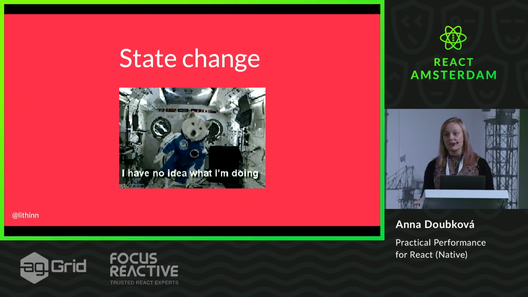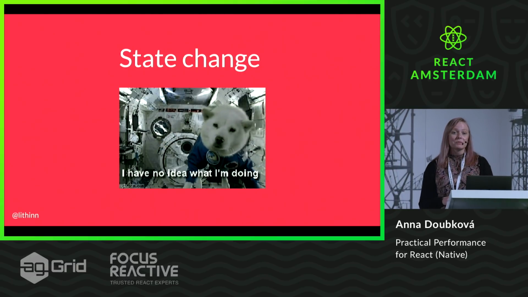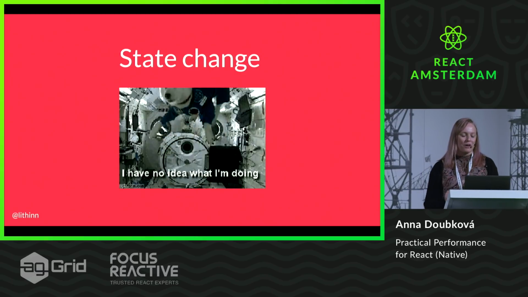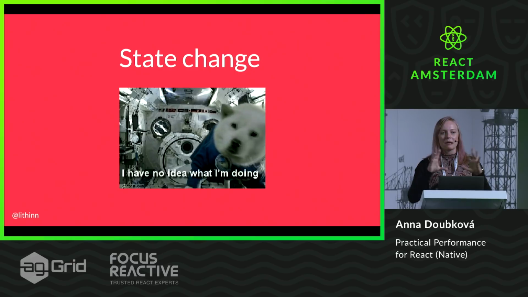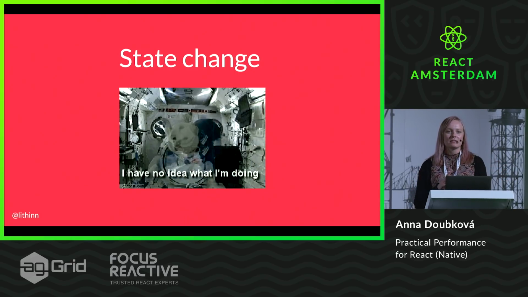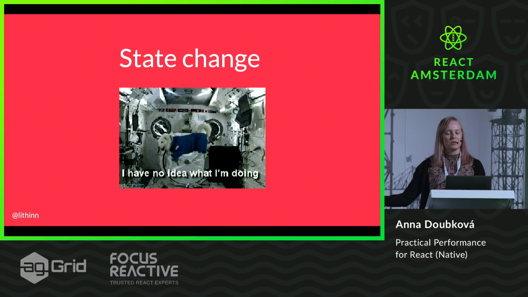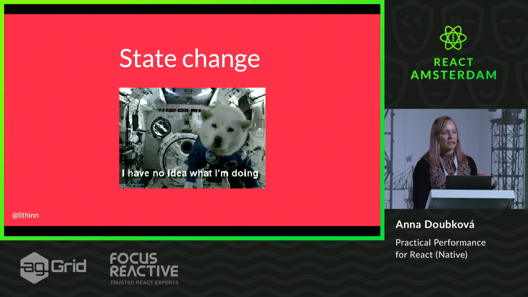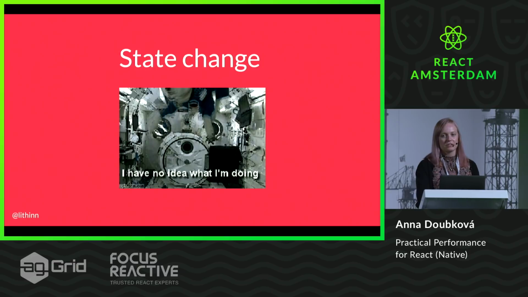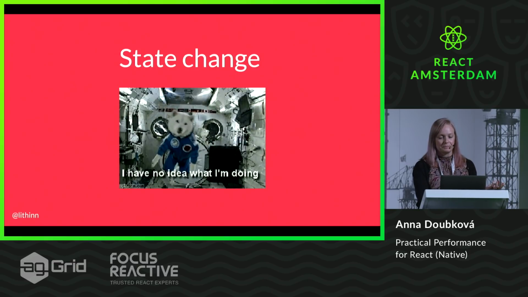To this day, we are not entirely sure why, but we know that this is where a lot of our problems lie. The moment you change the state, something happens in JavaScript that then sometimes produces some effect in the UI thread. But to understand how to make this more efficient, we needed to look into how the whole process works.